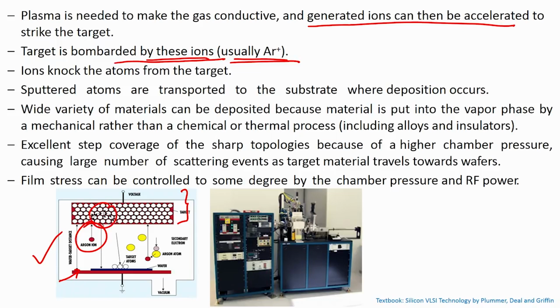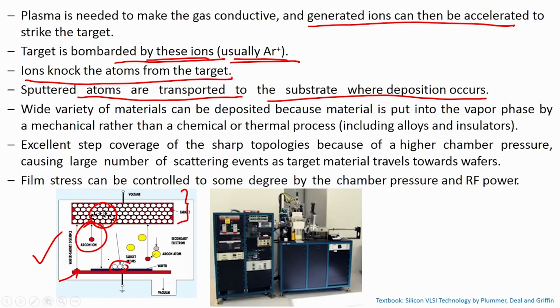Because of the bombardment, the atoms will dislodge from your target and, drop by drop, one by one, fall towards the wafer, and you can see a film getting deposited on the wafer. So, the ion knocks the atom from the target, which ions? Argon ions. Sputtered atoms are transported to the substrate where deposition occurs, right.